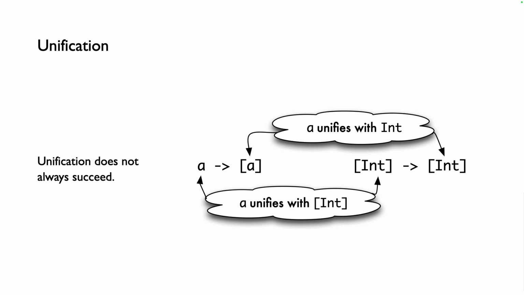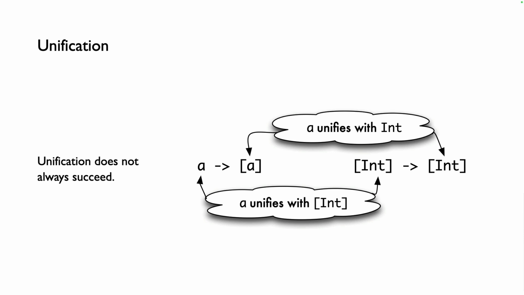But you can't always unify two types. Take a look at this example. The type on the left takes an arbitrary type to a list of elements of that type. The type on the right takes a list of integers to a list of integers. So if we look at the first A on the left, that requires A to become list of int. If we look at the second A, that requires A to become int.